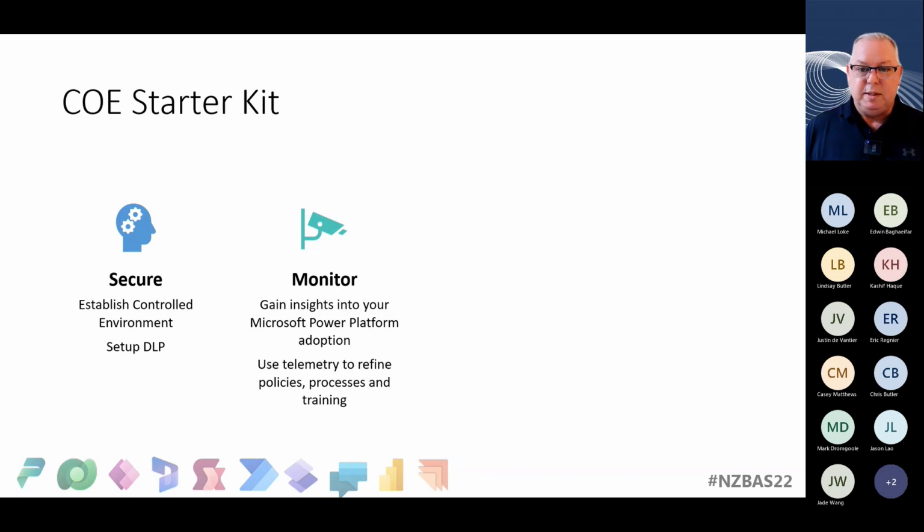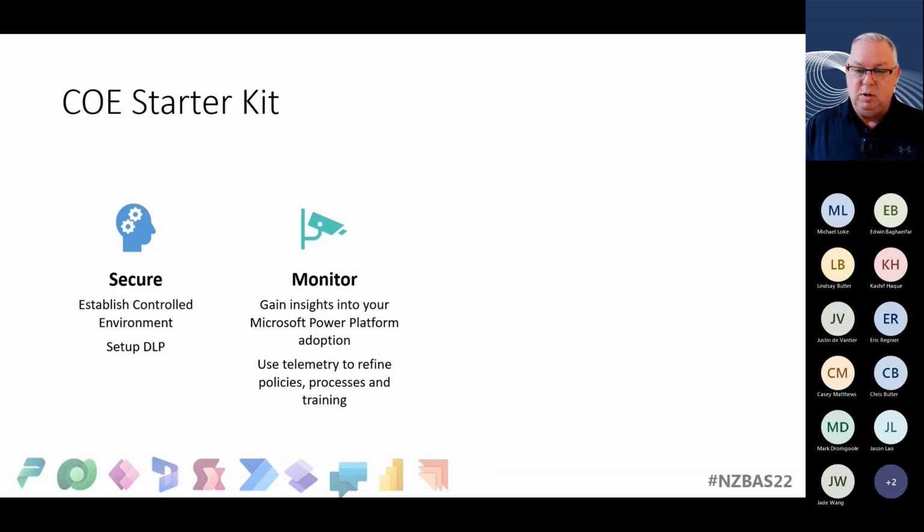So all that data that is gathered in the back end is basically every time something happens, it's captured, it's put into Dataverse. There's a custom Dataverse table set that's created as part of the COE install, and you can go and get an immediate view of how the Power Platform is actually being used inside your environment. And this is presented through Power BI reports, so nice rich visualizations and drill throughs.